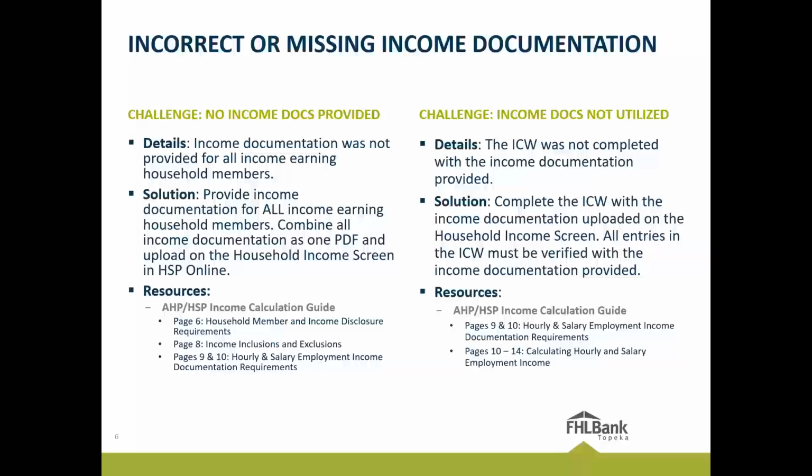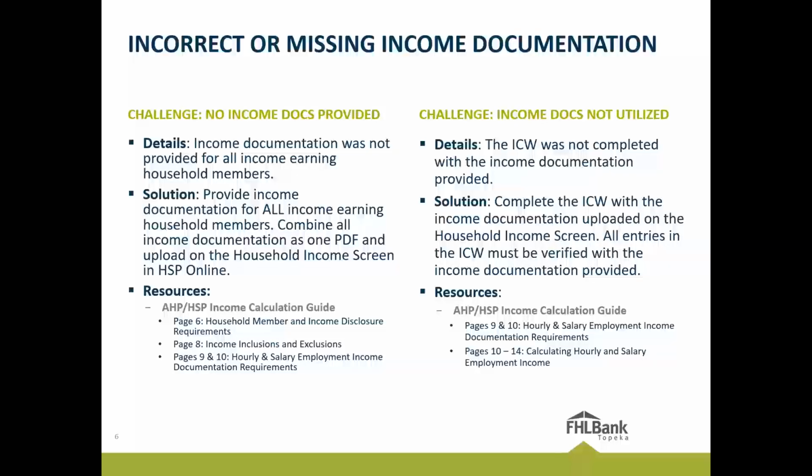So one of the biggest challenges we saw was incorrect or missing income documentation was causing the reservations to be deemed ineligible. So that's the first challenge we want to walk through with you. The first situation we often see is when no income documents are provided.